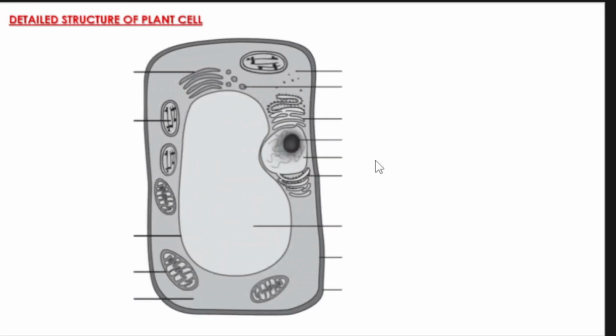All right, so this is how a plant cell also looks like, and as I said earlier on, you are already familiar with it from grade 8 integrated science. So these are the parts of a plant cell.